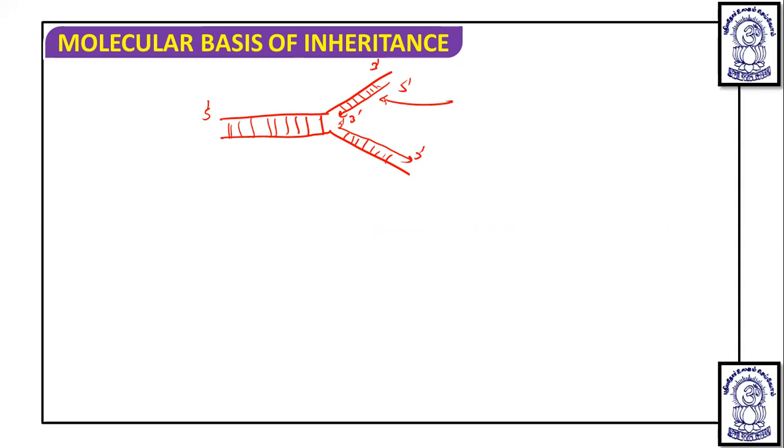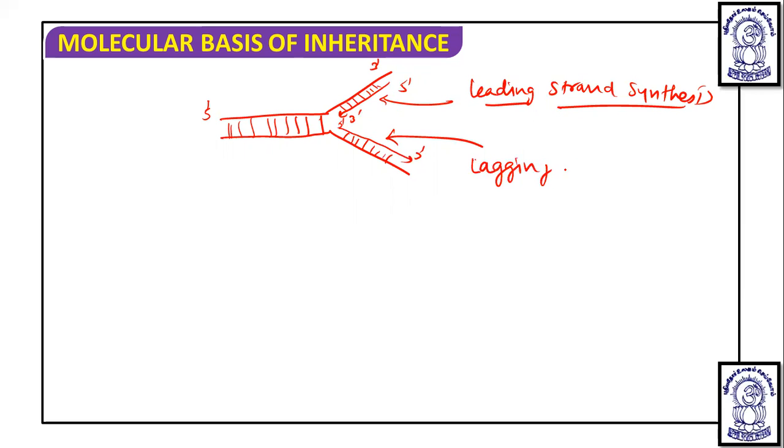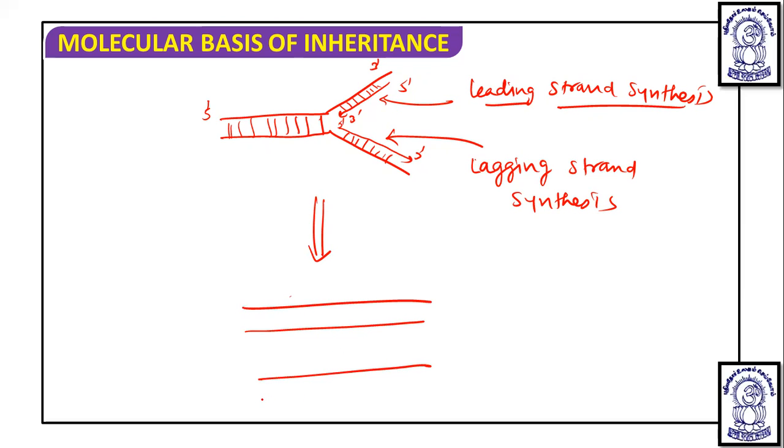Now this strand which is continuously synthesized is known as the continuous one, that is leading strand synthesis. And on the other strand, the DNA is synthesized in fragments in a discontinuous way, that is known as lagging strand synthesis. And when DNA replication is ultimately completed, the two copies of this DNA will occur like this.